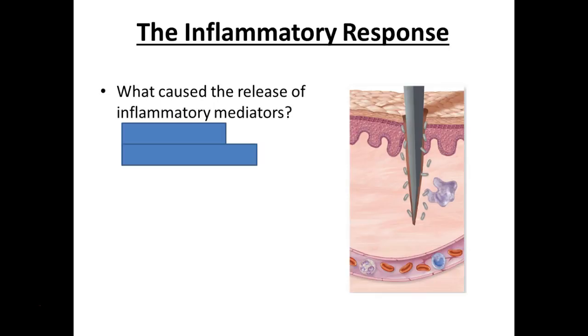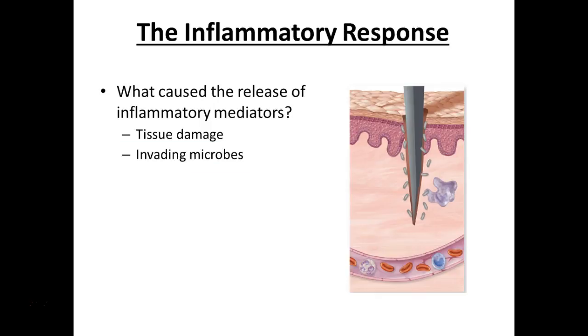The other thing that will initiate that response is that when tissue damage like a splinter happens, what else could potentially get in? The bacteria. So the bacteria themselves will release things that will trigger a response. Tissue damage, number one, is usually going to elicit an inflammatory response, but also the invading microbes themselves.